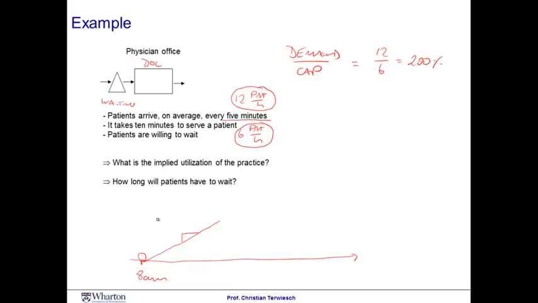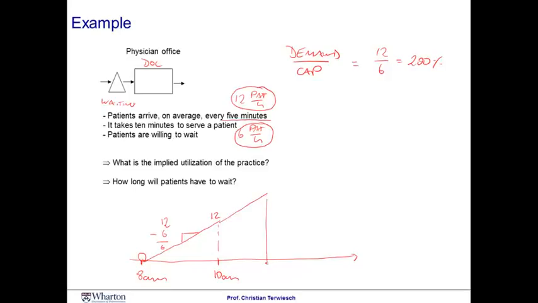How quickly does this accumulation occur? Well, we have 12 patients come in, we have 6 patients get served, so every hour we're accumulating 6 patients in the waiting room. For example, at 10 a.m. I have 12 patients in the waiting room.